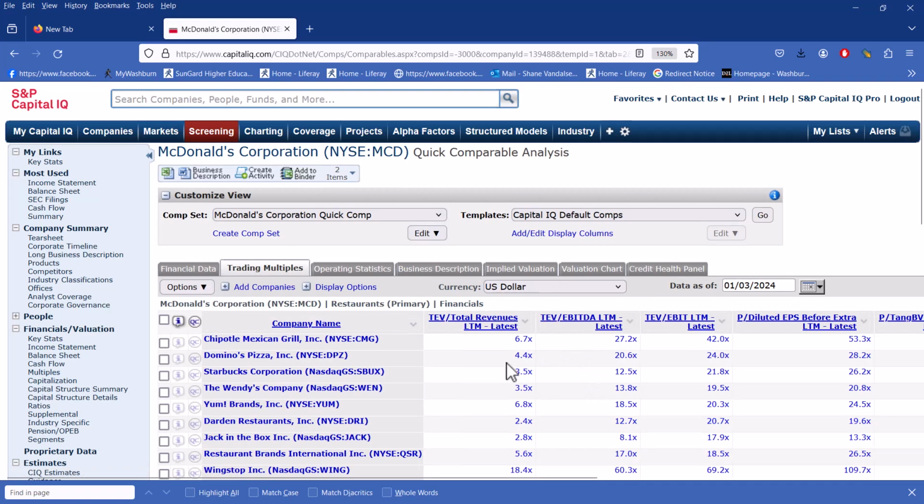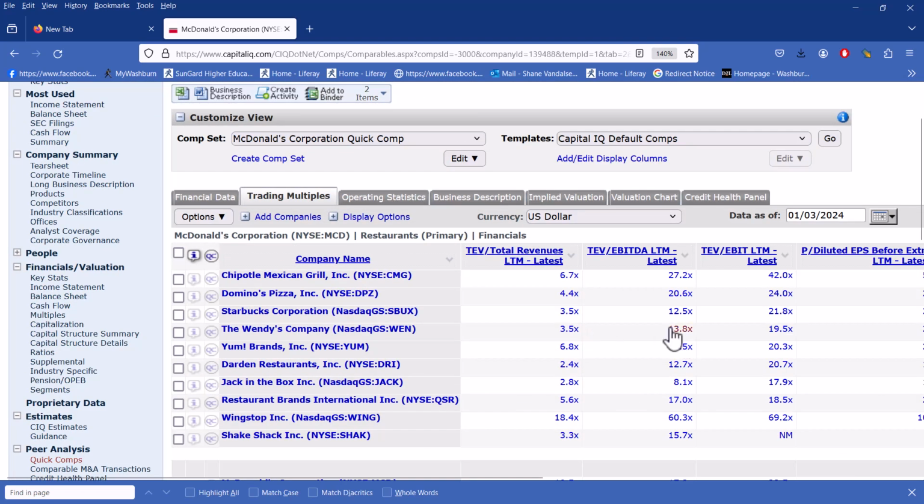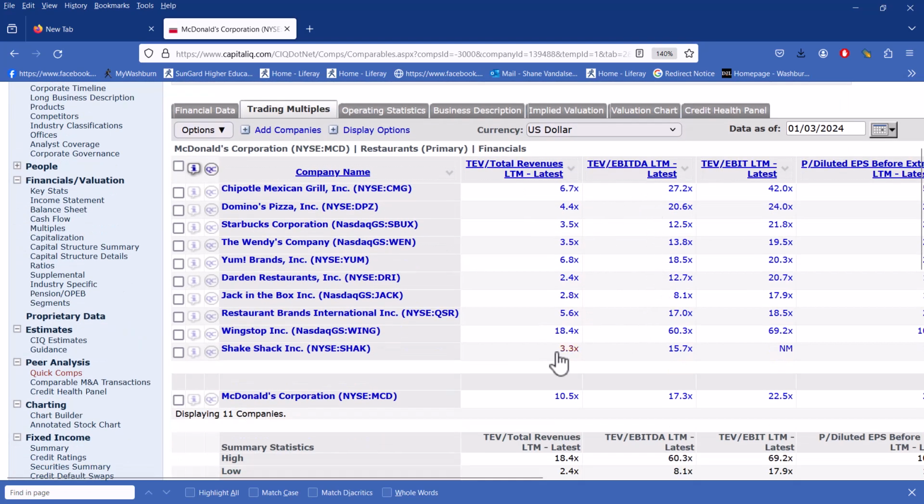So we have total enterprise value divided by EBITDA, one of the numbers we were looking at, last 12 months. We can see down here for McDonald's it was 17.3 times. Now this is where these multiples become a little bit more valuable because we're comparing them across different firms at the same time. So this is your benchmark analysis.